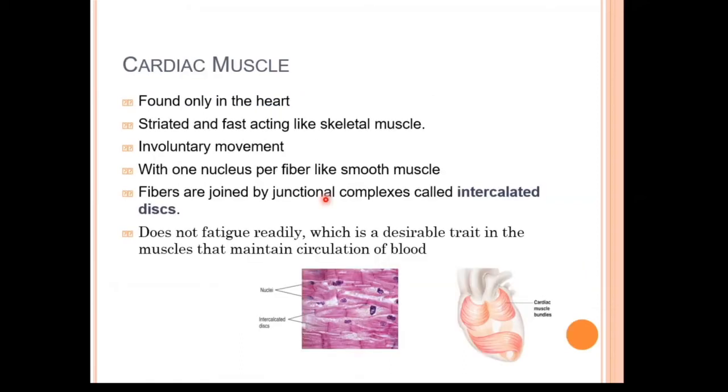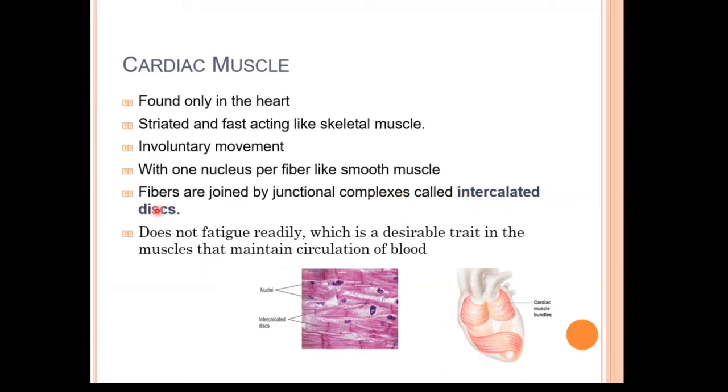The second major type of muscle is called cardiac muscle, which is found only in the heart. These are involuntary muscles which are naturally controlled by the hormones and pacemaker in the animal's body. These are also striated muscles and fast acting like skeletal muscles, but the difference is that the cells are uninucleated and they are linked together with specialized junctions called intercalated discs.